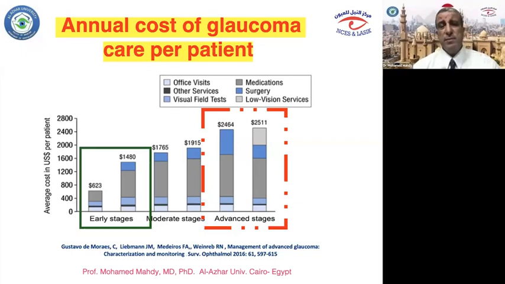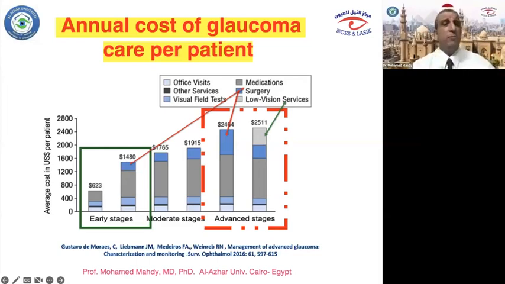And we could see the distribution of the cost, with new modalities of treatment, and in late advanced glaucoma the low vision aids. We could see how much the cost and the management shift between the early stage, which is very limited, the blue ones here, and the late stage of glaucoma, which is that much larger in the advanced glaucoma stage.